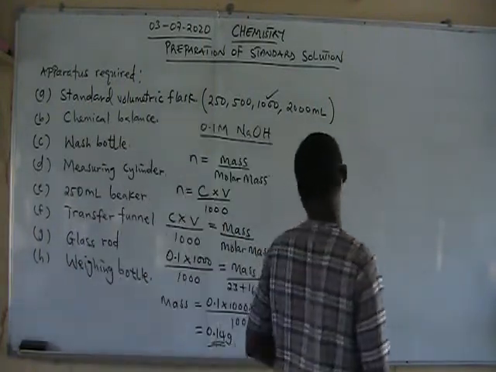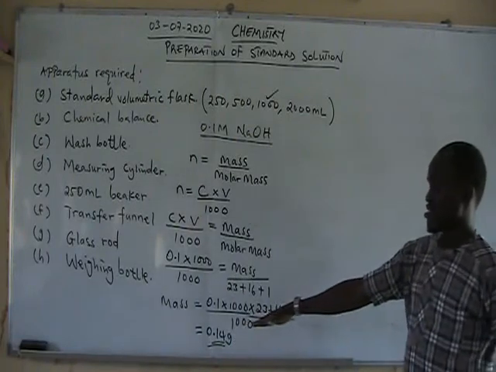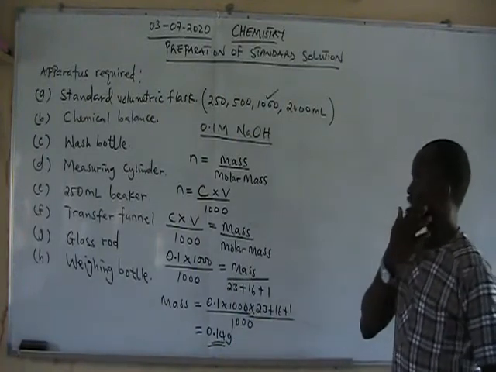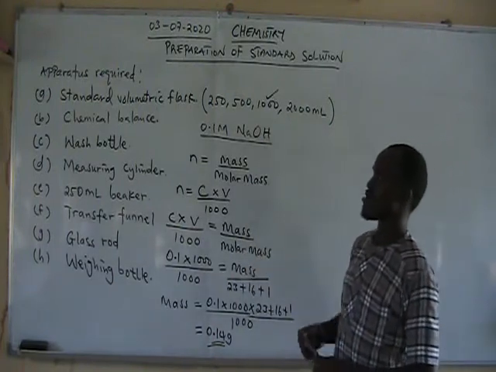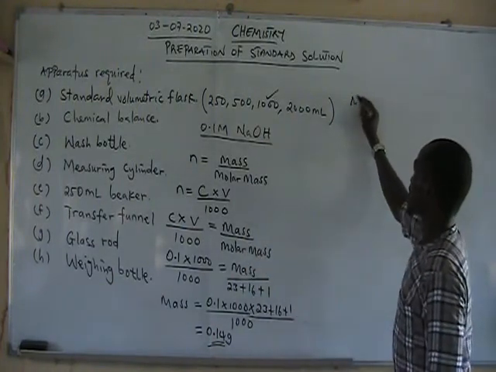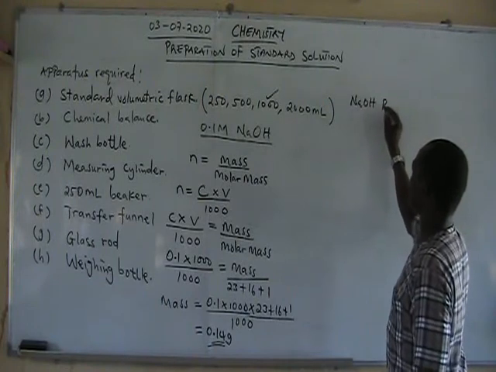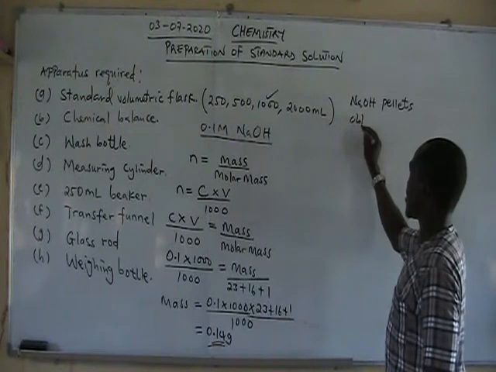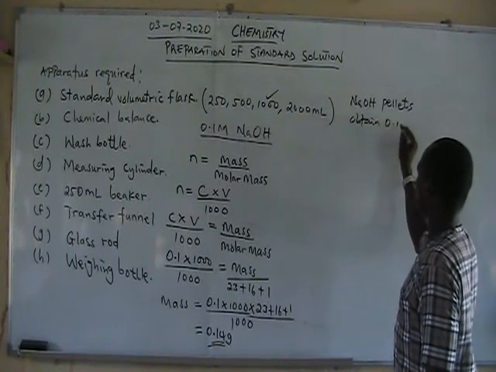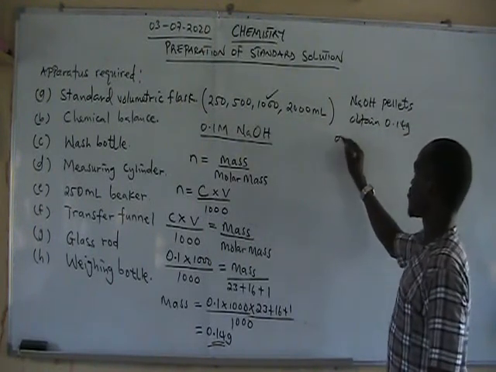After you've calculated the mass, the next thing is to transfer to a chemical balance. You measure some amount of the sodium hydroxide pellet. Are we together? You fetch some amount, so you obtain 0.14 grams on a chemical balance.